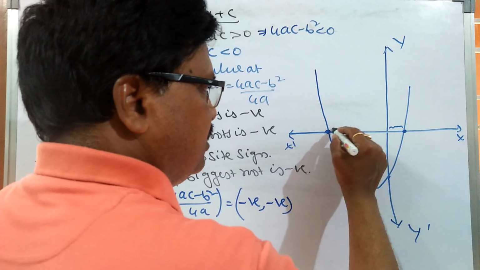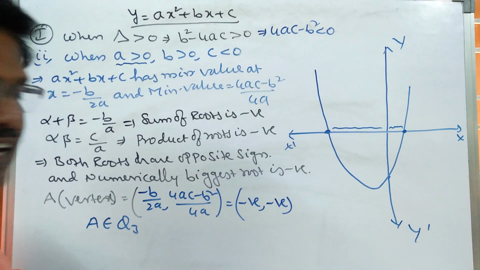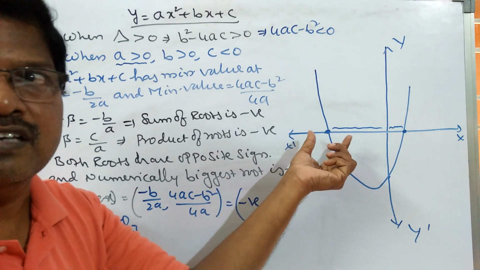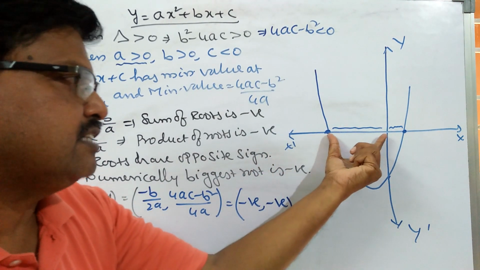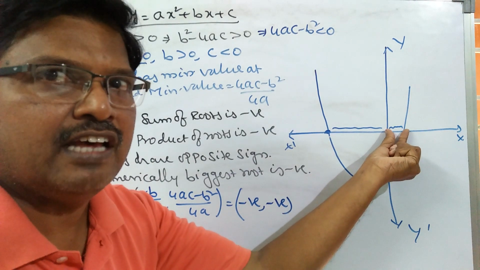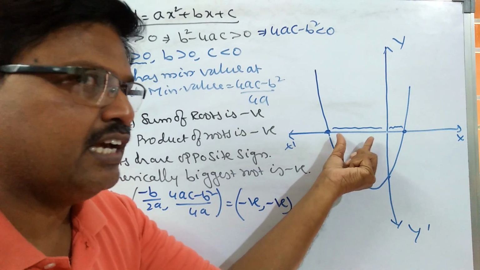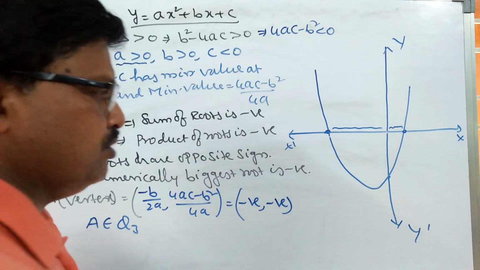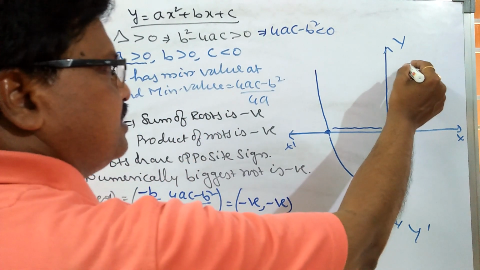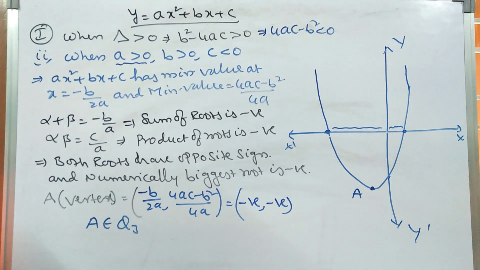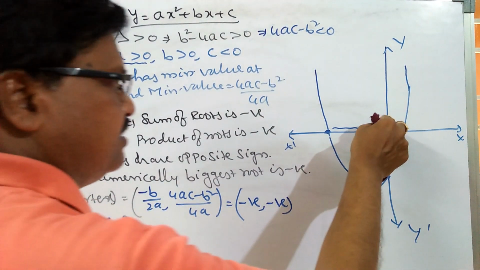This is the positive root and this is the negative root. This length is more when compared with this length. That's why the numerically biggest root is negative and the vertex A lies in the third quadrant. So this is the graph of y is equal to ax square plus bx plus c in this case.